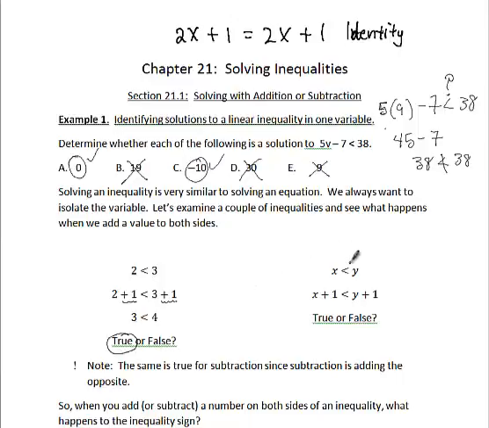Okay, so when we have an inequality involving variables, then as long as we perform the same operation to both sides in terms of addition, then that inequality will be true.